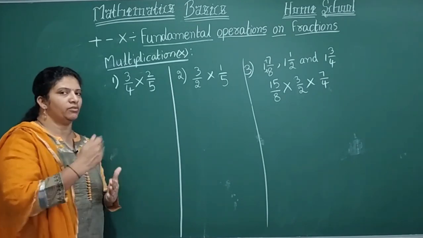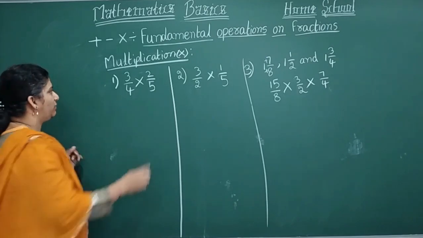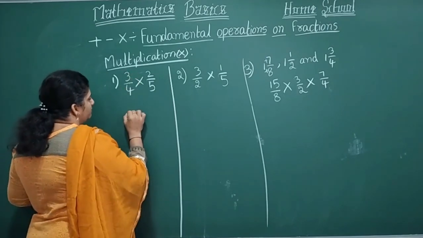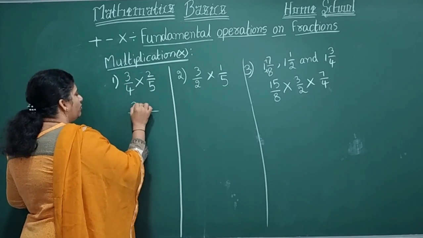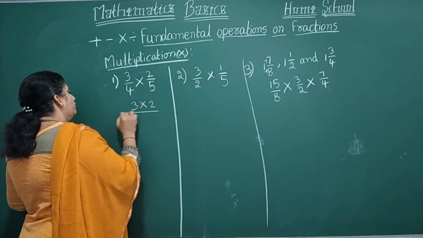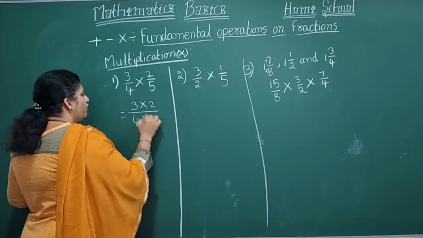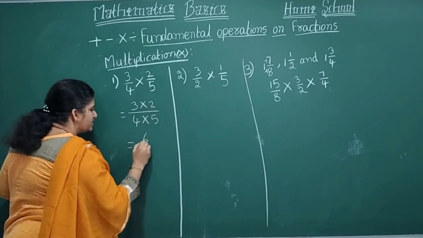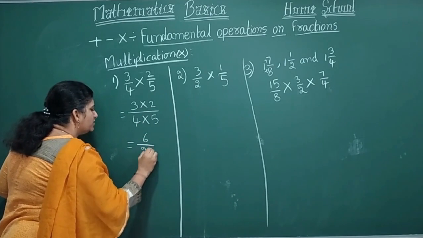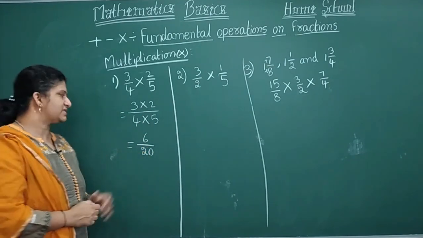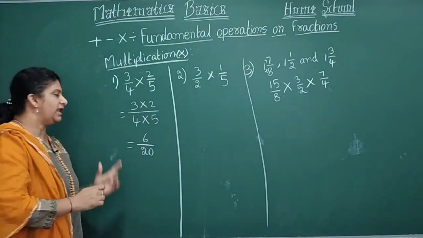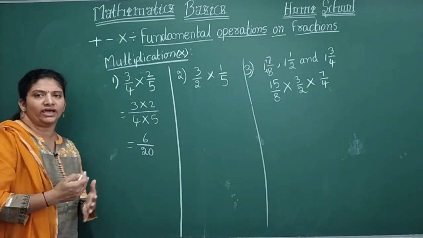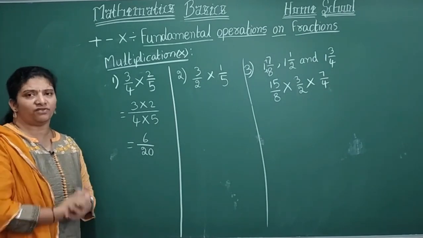Numerators multiply, denominators you are going to multiply. So now take a line, write numerators 3 into 2, denominators 4 into 5. So 3 2s are 6, 4 5s are 20. That is 6 by 20. See children, like this if you want, you can simplify your fraction further.